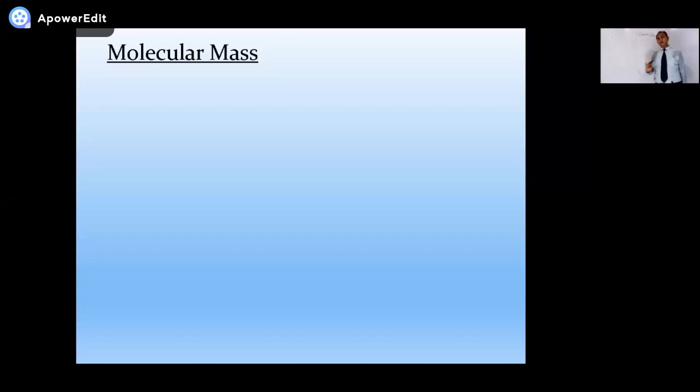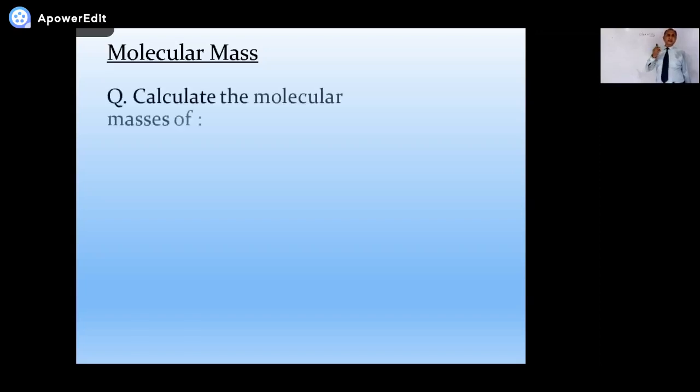So, having had a brief revision of atomic number, mass number, and molecule, let's see what the question is here. Calculate the molecular masses of these. Like we found the molecular mass of carbon dioxide in the previous topic.